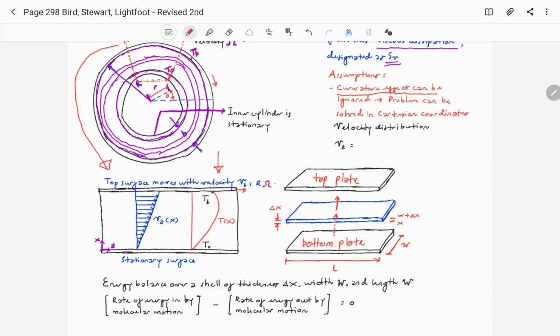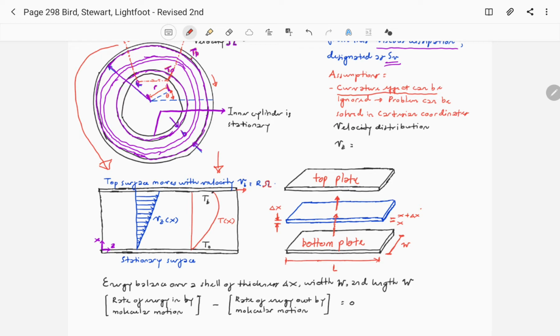We are taking a fluid shell element with a thickness of delta x here, and we imagine that heat is transferred in the x direction.